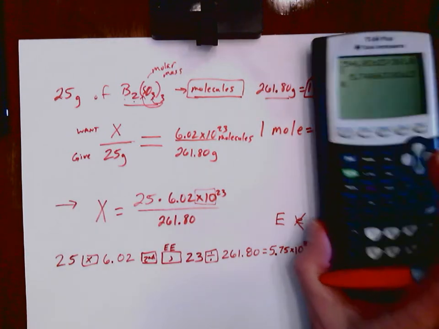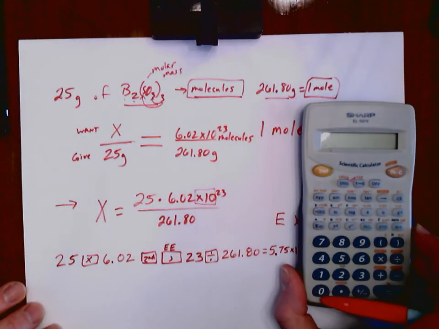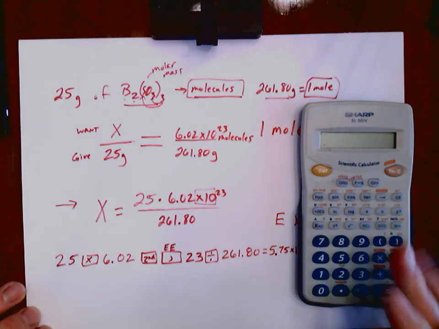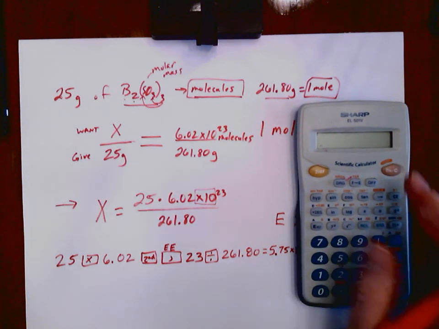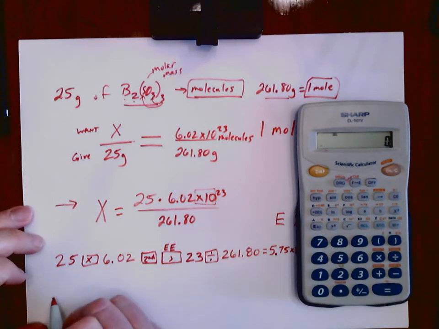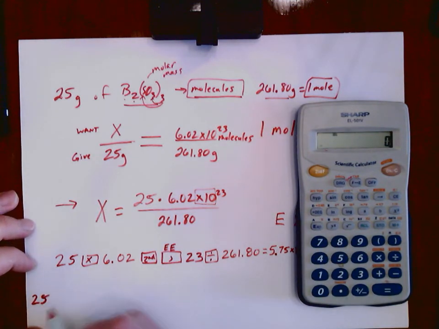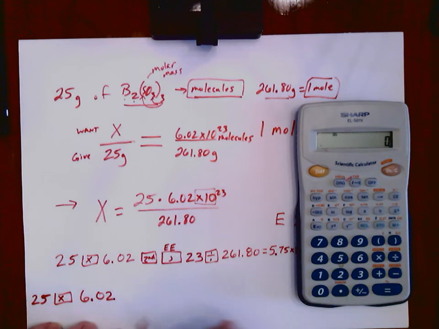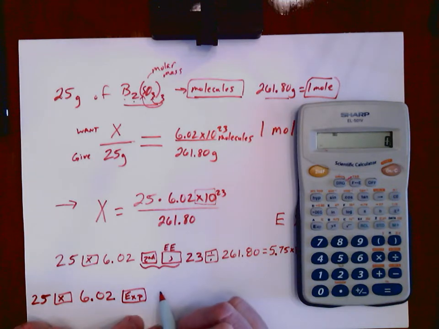Okay, let's try this with our other calculator, which instead has the EXP button. On this one, I'm still going to do 25, hit the times button, and then 6.02, but instead of doing this stuff, I'm going to hit the button that says EXP, and that will give me a spot where I type in 23.